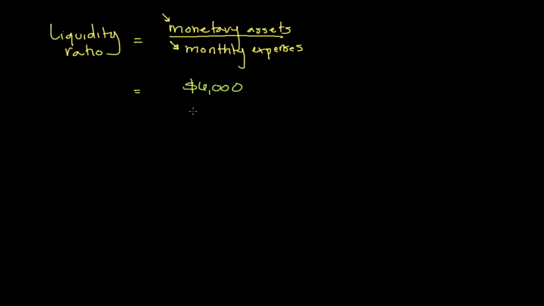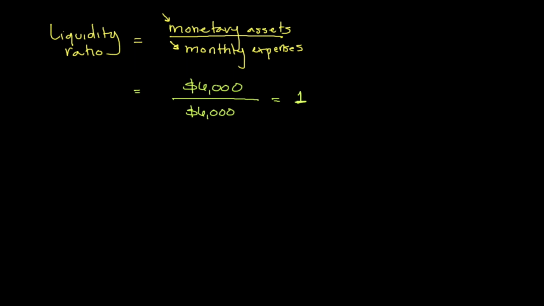So we're going to just use monetary assets, and we're going to divide that by our monthly living expenses. For the sake of this example, let's say that our living expenses are $6,000 as well. And so we're obviously going to get to an answer of 1. What this means is that we have enough liquid cash to cover 1 month of living expenses.